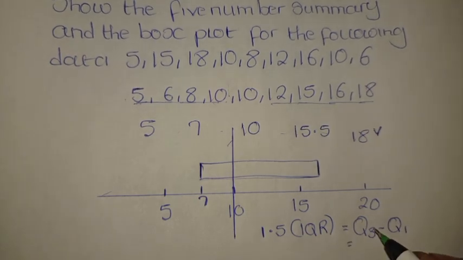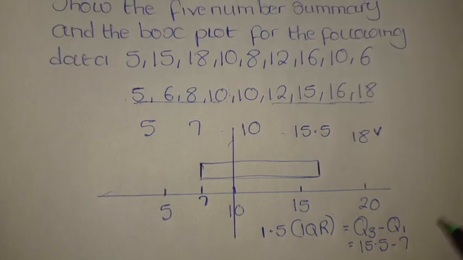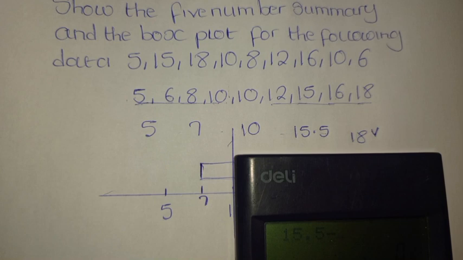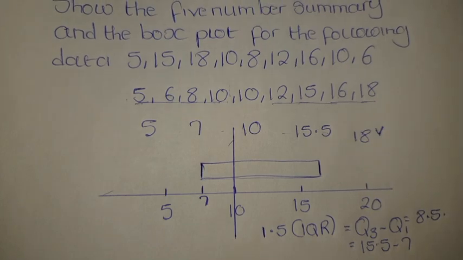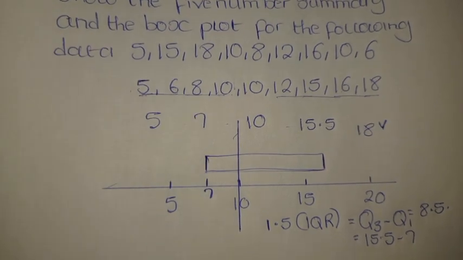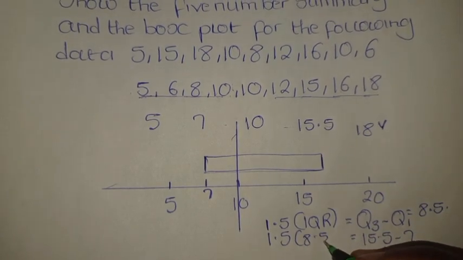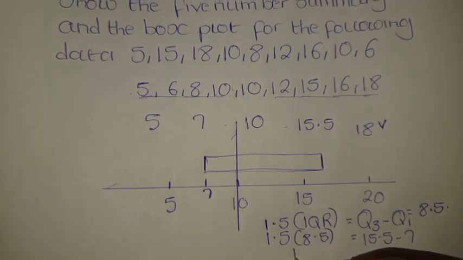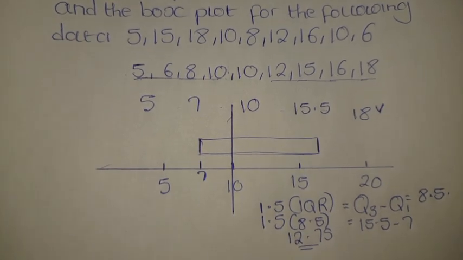The third quartile is 15.5 and the first quartile is 7, so 15.5 minus 7 gives 8.5. Then we replace the interquartile range with 8.5 to get how long the whiskers will be. So 1.5 multiplied by 8.5, we get 12.75. So 12.75 is how long the whiskers will be.